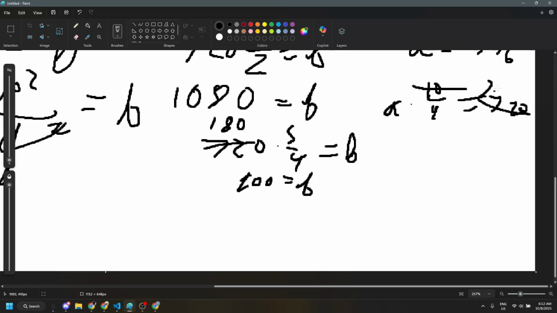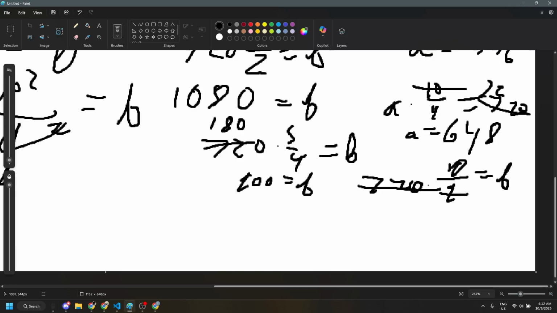So this becomes 72, and then A is equal to 648. And then B, 720 times 10 over 9 is equal to B. Over 9, this is 80. So 800 is equal to B.